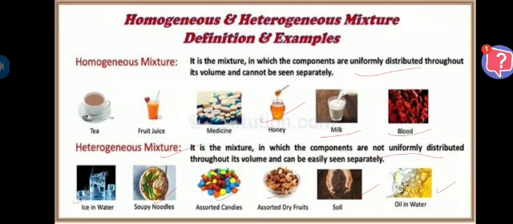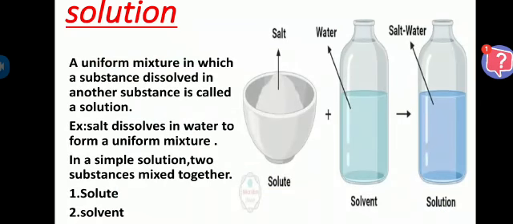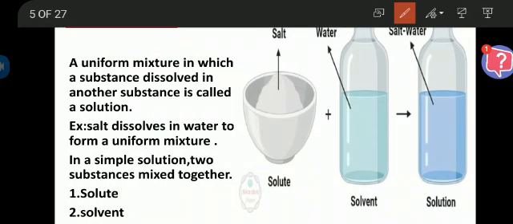Now, the second thing: after mixture we will learn about solution. What is a solution? A uniform mixture in which a substance dissolved in another substance is called a solution.